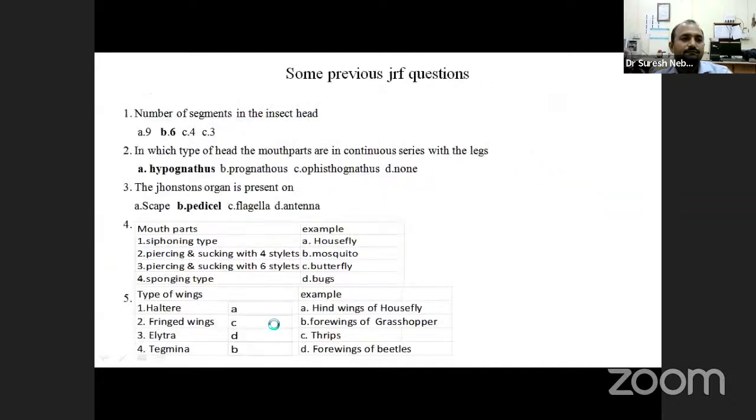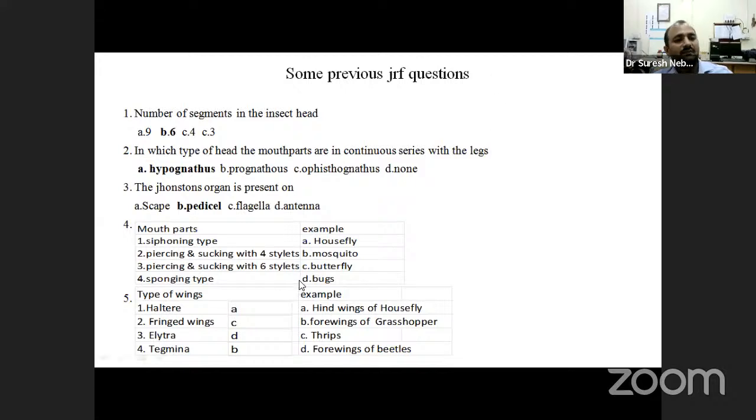For this morphological type, you can see questions on mouth parts also. In typical insects like Thysanoptera, like thrips, what is the modification in the mouth part? In mosquito, what is the modification in the mouth part?